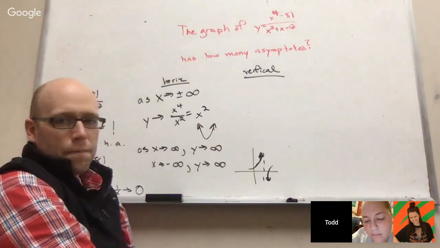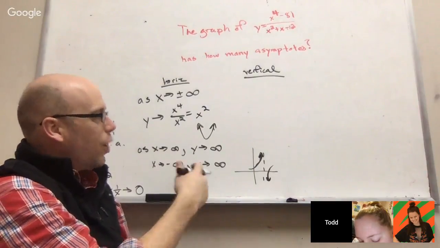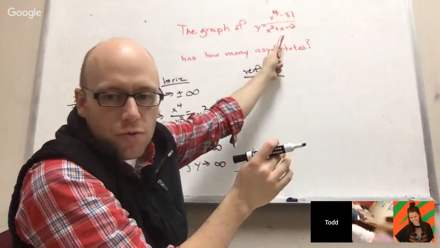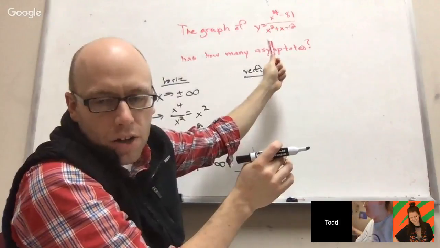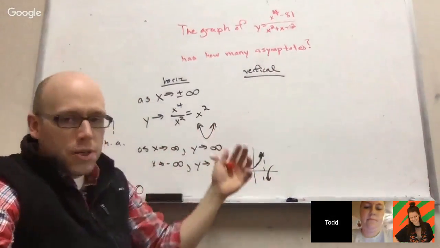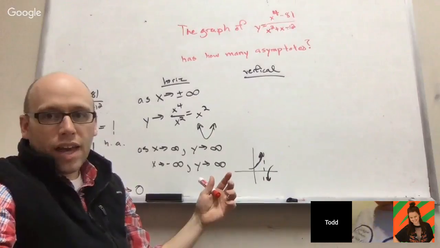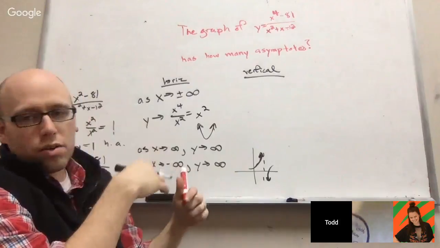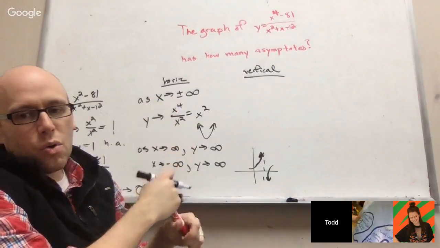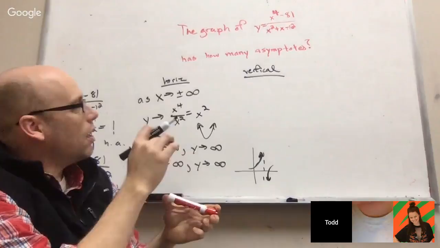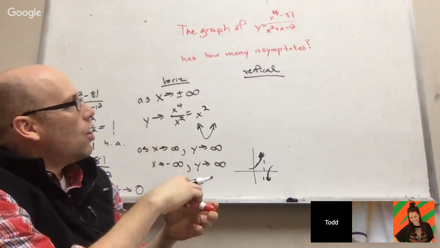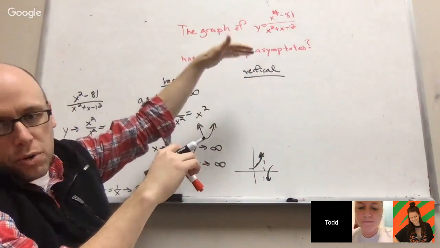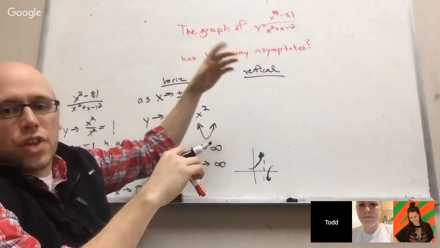So where is that going to happen? Back up. A rational function is just a polynomial divided by another polynomial. So polynomials are defined everywhere. They work whenever. So the only place I'm going to have a problem is where the fraction is giving me trouble, like where the denominator is undefined.